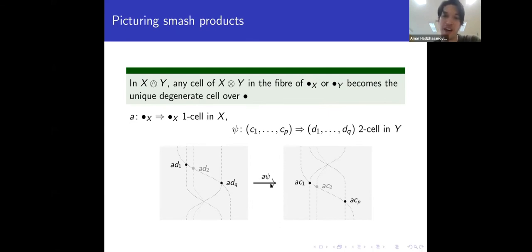So this is why here we get psi as having d1 to dq, so its outputs appear in the input, and its inputs appear in the output here.